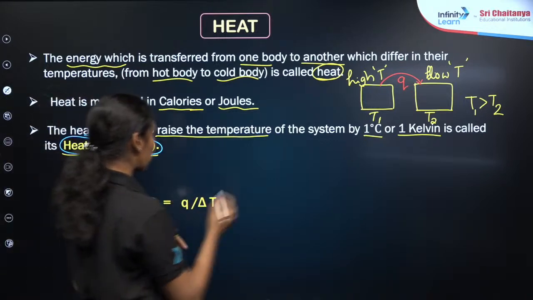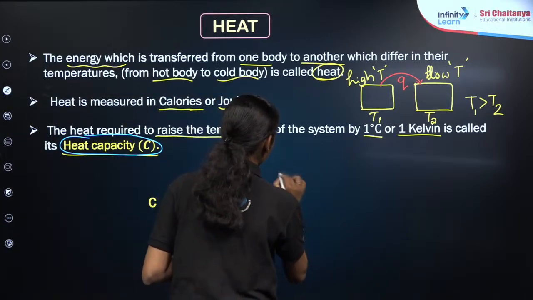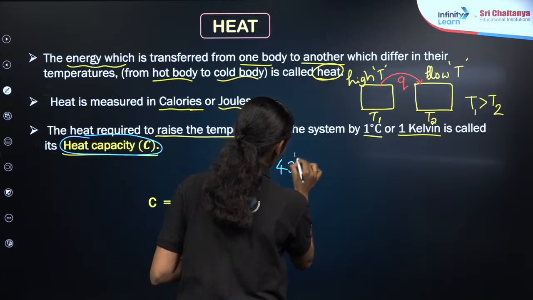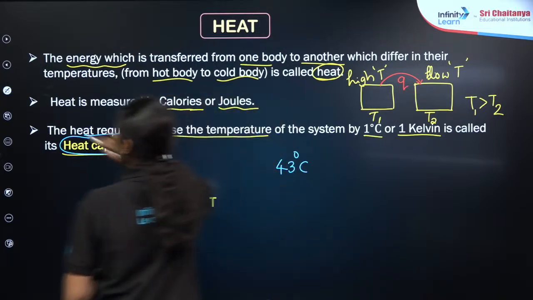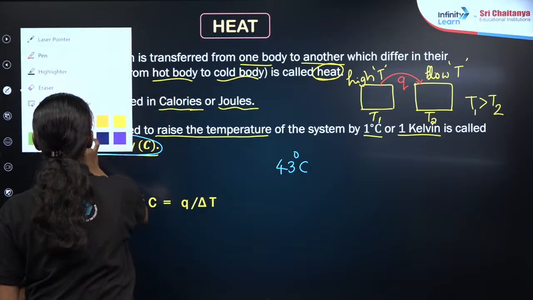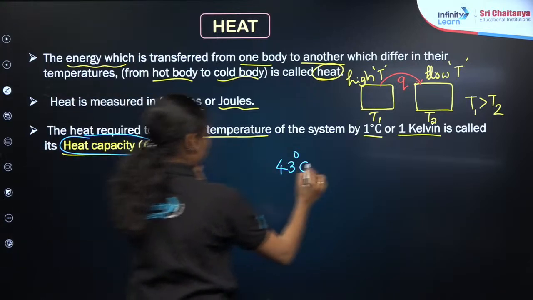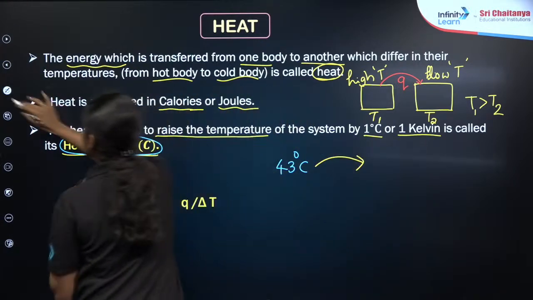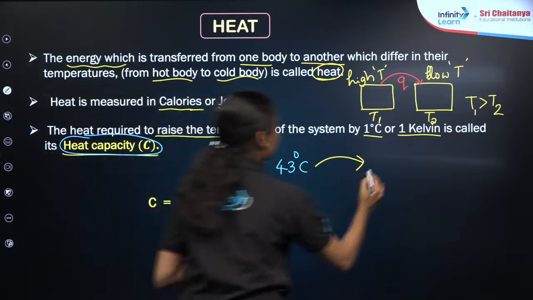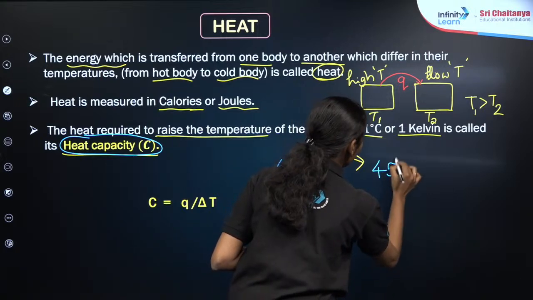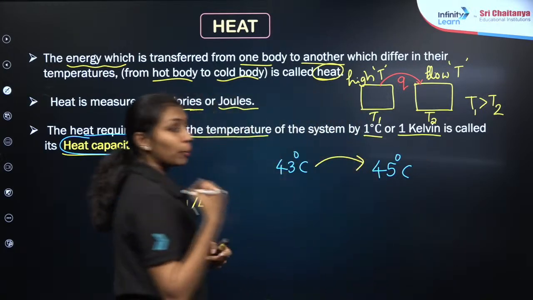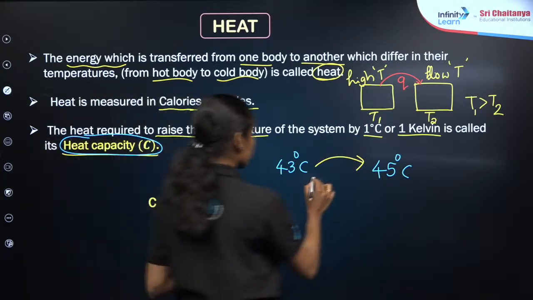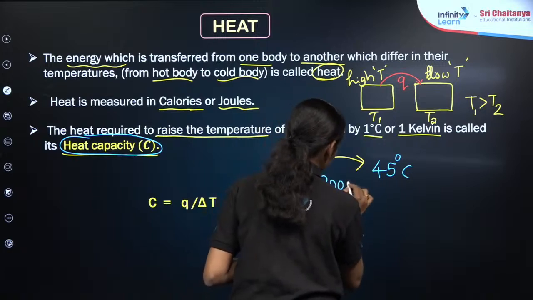So, for example, if I am taking a system at 43 degrees centigrade, and it is changing to 45 degrees centigrade, it takes about 2000 joules of energy.